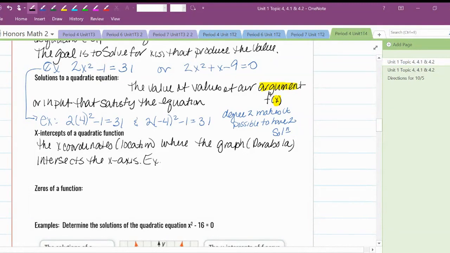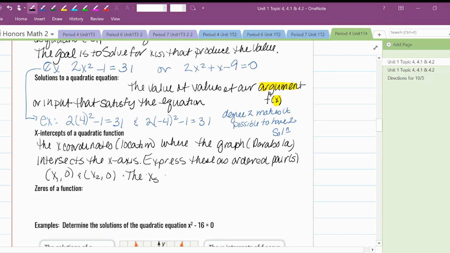We express these as ordered pairs of the form x1, 0 and x2, 0.